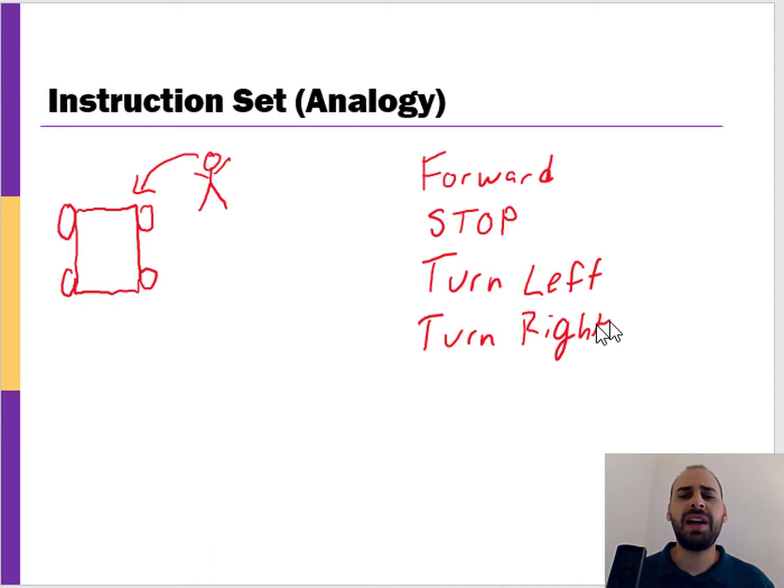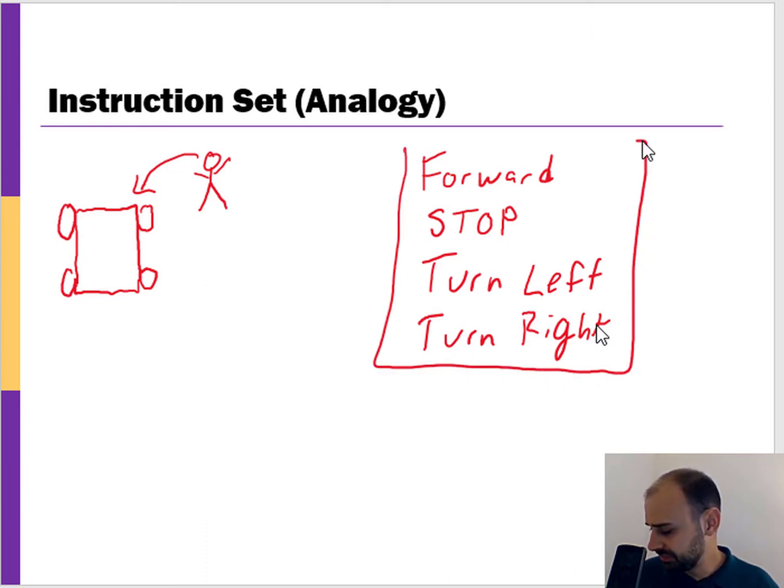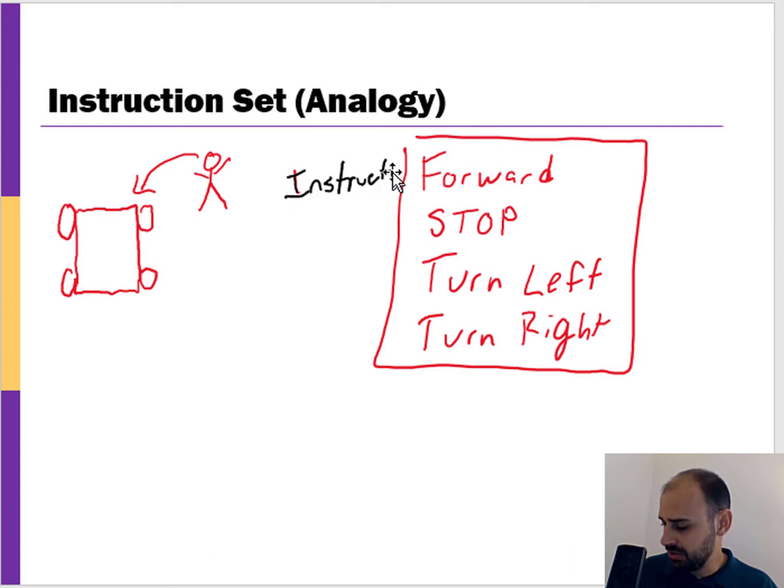So now you can imagine with just these four instructions, you could have the car navigate, drive around, right? If you need to turn, you turn left, and then you keep going forward, etc. So you've got these instructions, and we can call this the instruction set.